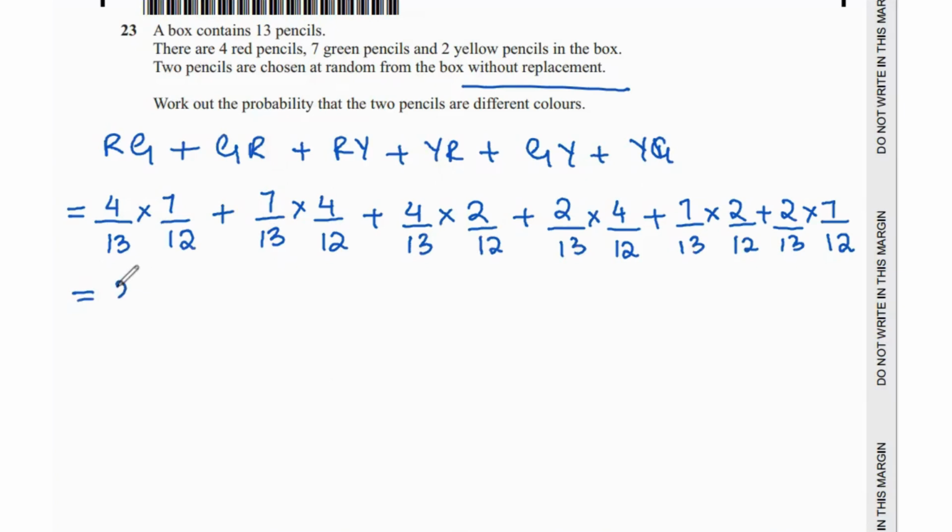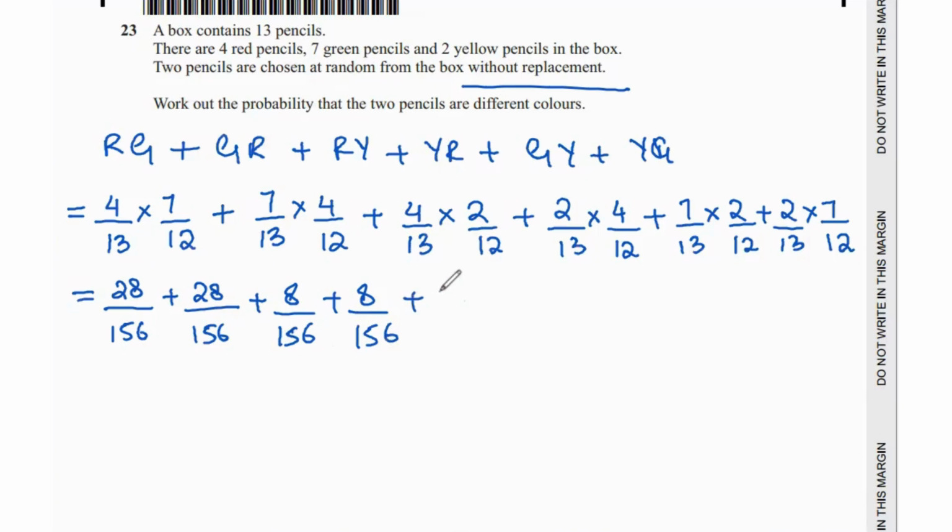So that's 28 out of 13 times 12, which is 156. Plus again 28 out of 156. Then 8 out of 156, again 8 out of 156. Then 14 out of 156, again 14 out of 156.